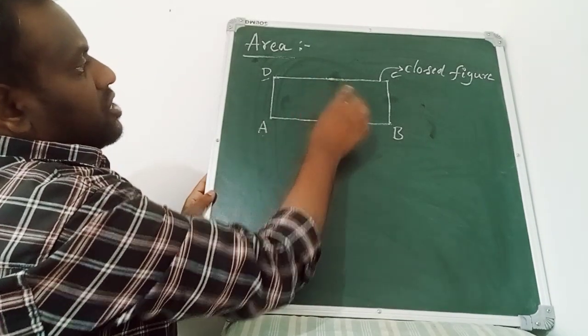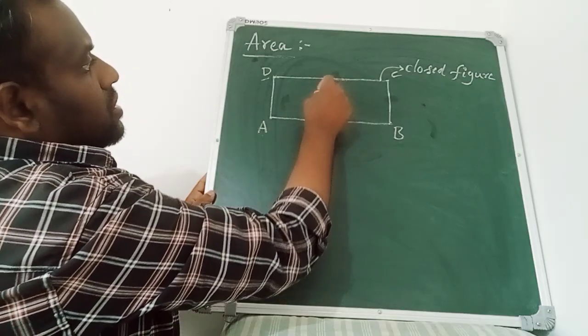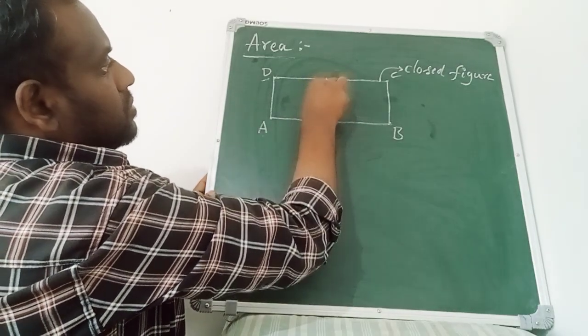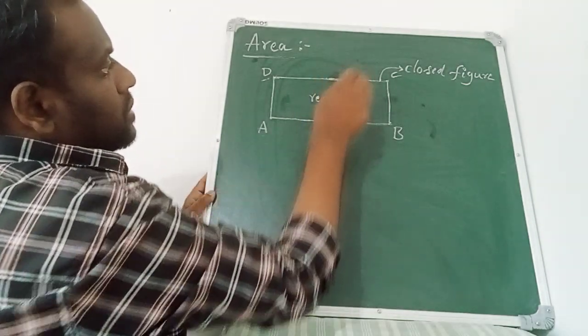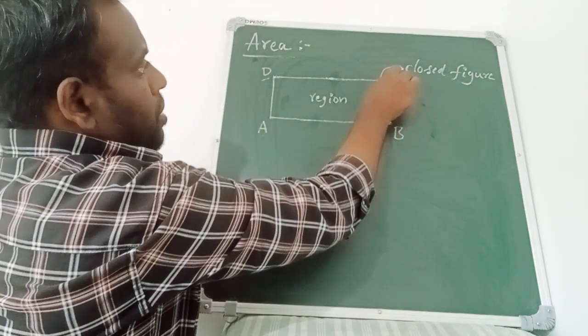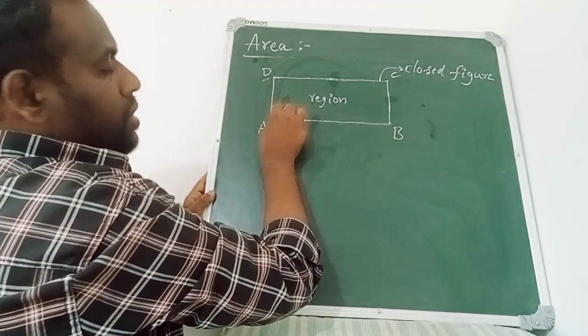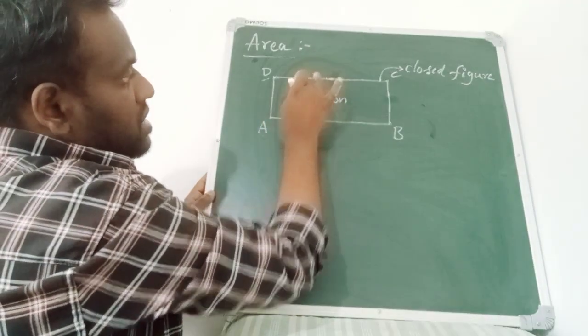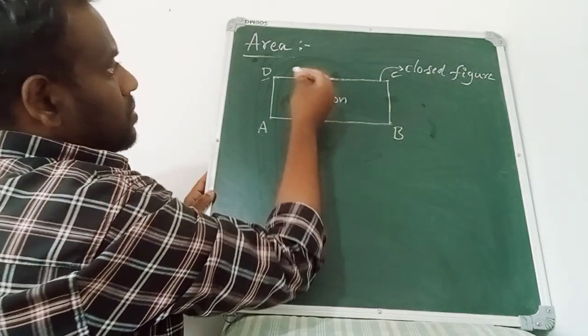Now consider the region inside. This is the region, right? This is the boundary. These lines I have drawn, those lines are called the boundary. Whatever is there inside this boundary, this is the region.